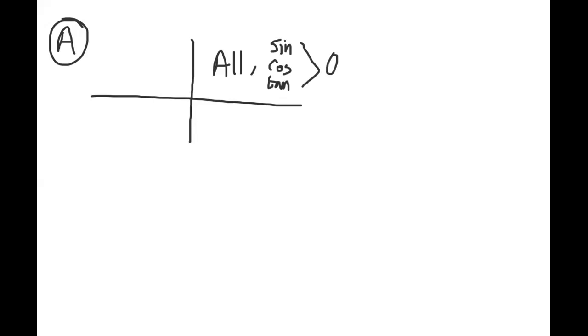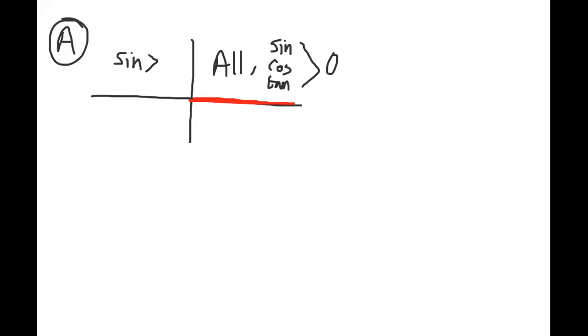For the second quadrant, if the angle starts like that, this is called the initial side, and the terminal side is in the second quadrant, that means the only function that will be positive here is the sine function.